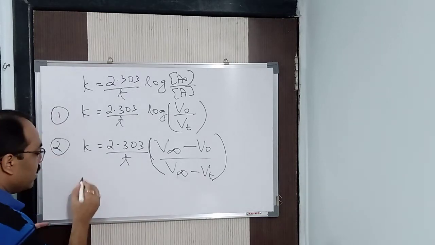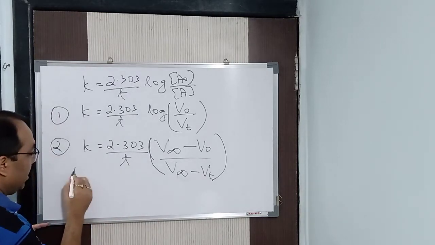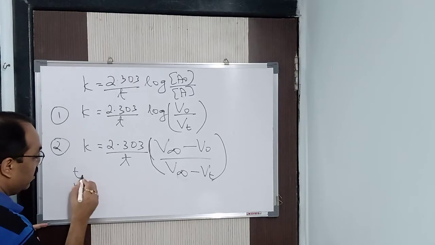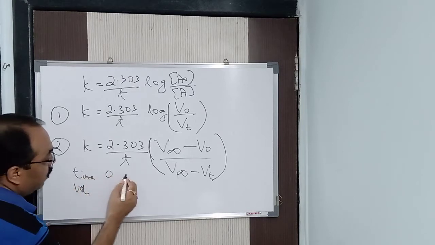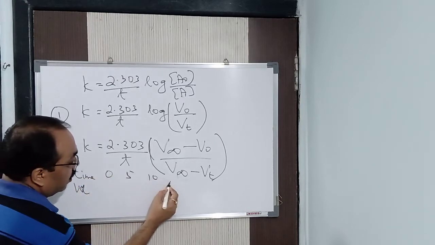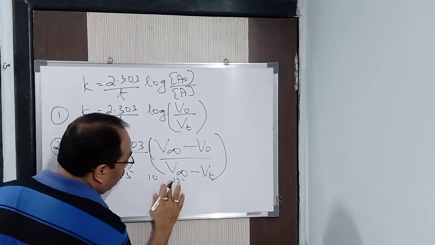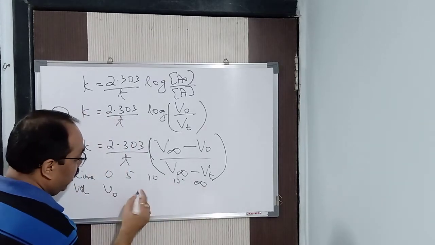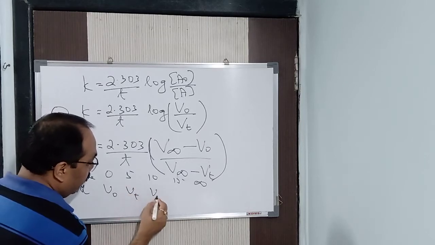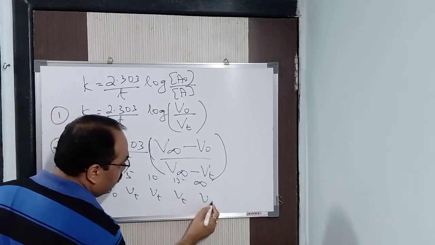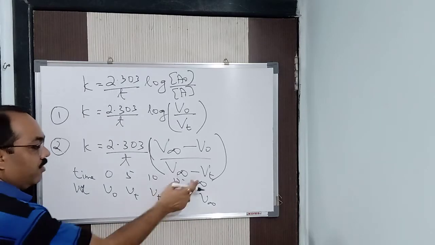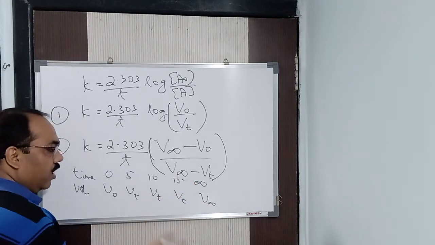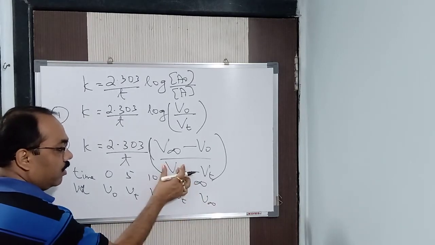Now, what I said, I have started here with time and volume. When the time is 0, 5, 10, then 15, and so on, it goes up to infinity. So the volume correspondingly is V0, then Vt, Vt, got it? And this will be V infinity. When the time is infinite, the volume is V infinity. So there will be some value, you put it here.